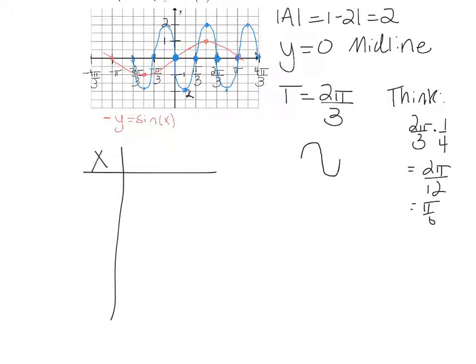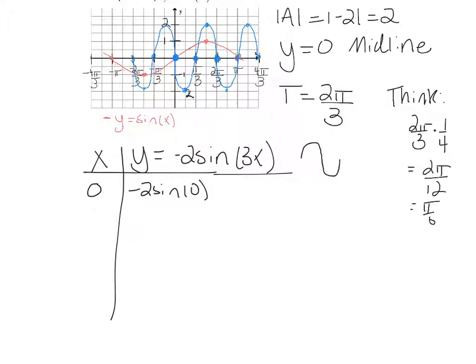And when you make the table of values, you want to pick values of x that turn out kind of nice for this function. So if I put x equals 0, my y is -2 times the sine of 0. Sine of 0 is just 0, so anything multiplied by 0 is 0. Now normally I might put something like, let's say, pi over 2 into this function.